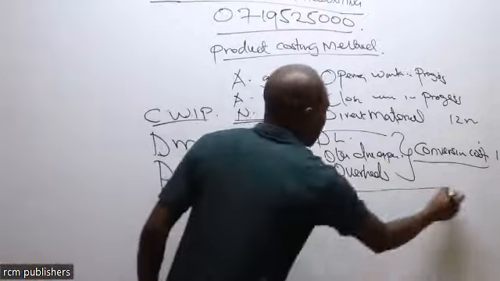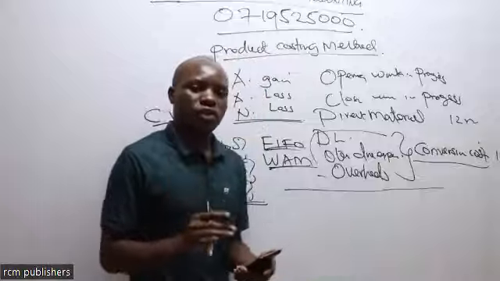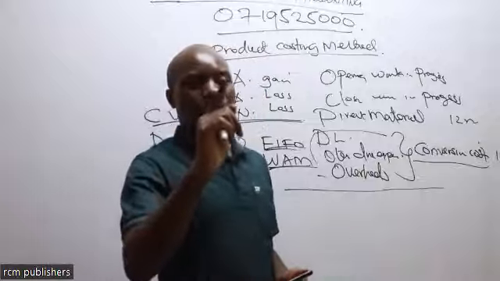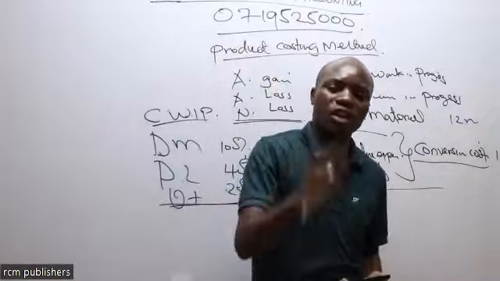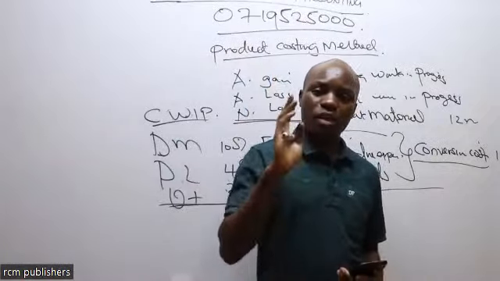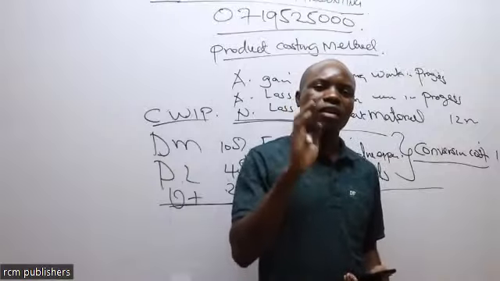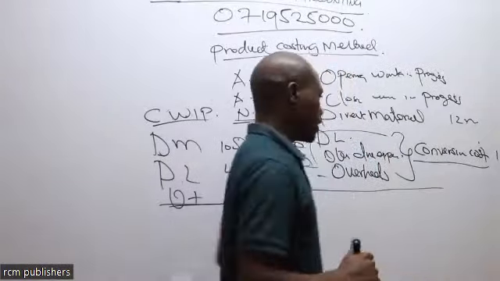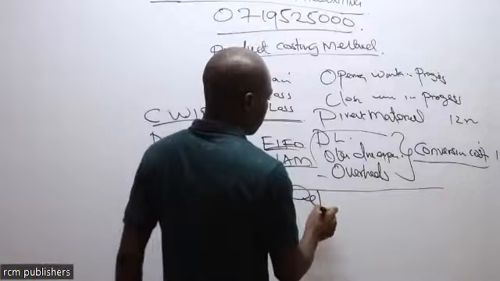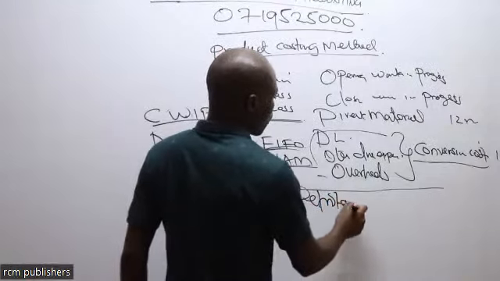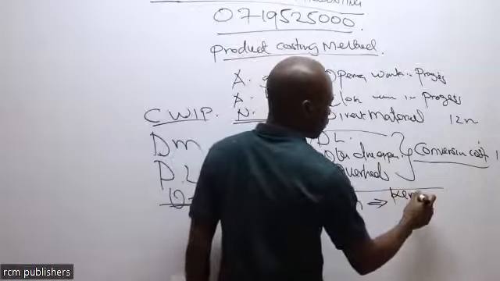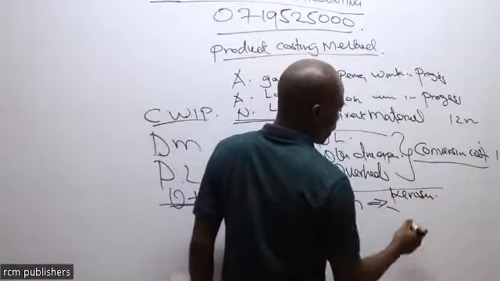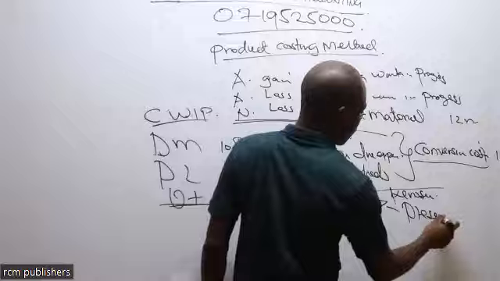Another part of it, there are some goods that when you produce, you only have one raw material, but at the end of it, you are getting more than one final output, not byproducts. You are getting more than one final output. For example, we have petroleum. When petroleum is processed, you are going to get what we call kerosene. We are going to get diesel.